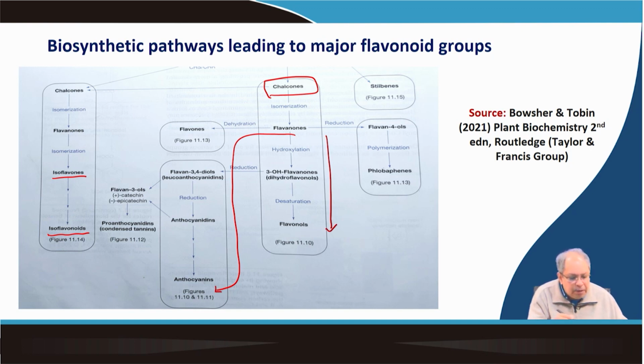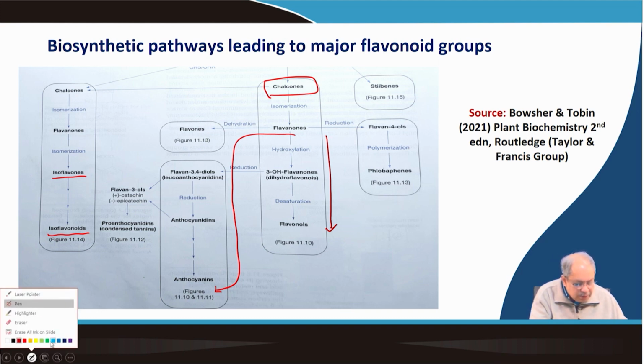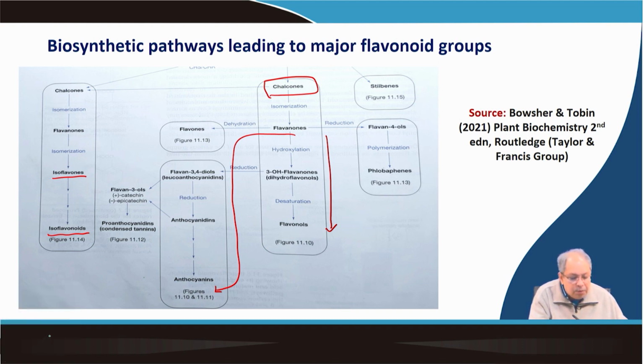Isoflavones and isoflavonoids are found particularly in legumes. There, chalcone synthase and chalcone reductase work together, and eventually the pathway moves in this direction.